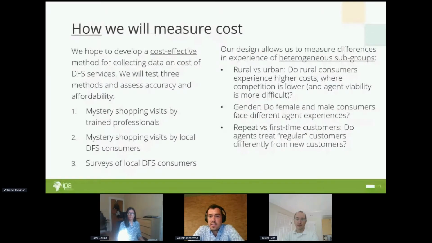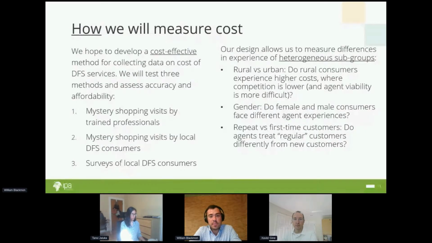The first is rural versus urban consumers. We might have an expectation that rural consumers face higher costs, both because there may be less competition between agents, and also agent viability may be more difficult in rural areas. And so prices have to be higher to accommodate that. This is our prior, but we will look at the data to truly understand this better.